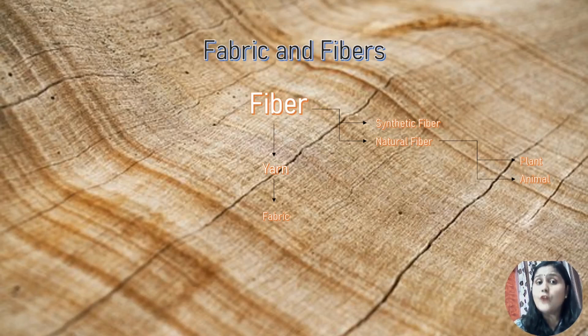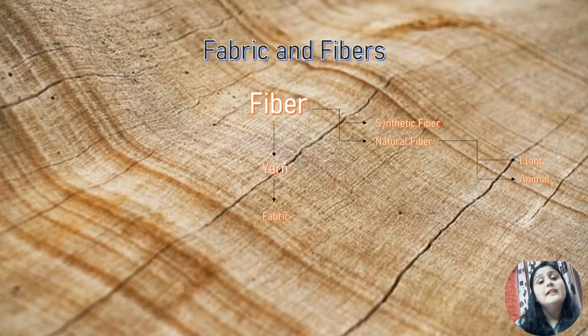Examples of synthetic fibers are rayon, polyester, acrylic and nylon. When we see this graph, we can say that after going through processing, fiber is converted into yarn, and yarn after going through many processes is converted into fabric.